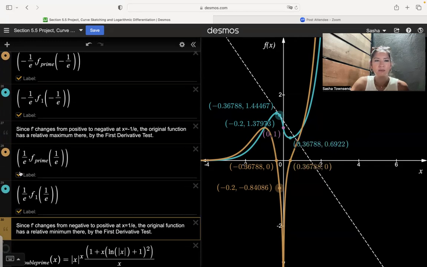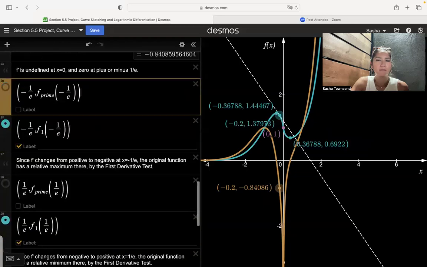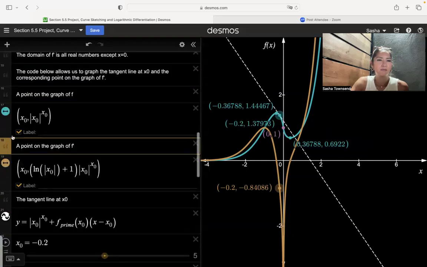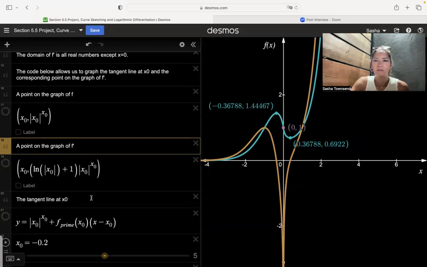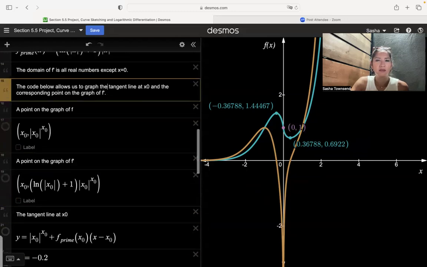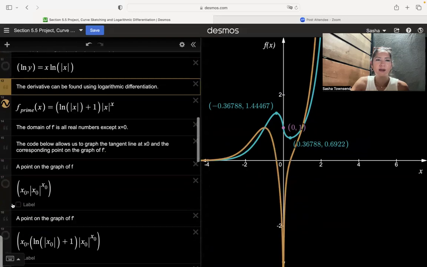Now I've plotted a lot of points. I'm going to get rid of some of those. And let's get rid of the tangent line for a bit. All right, so that's f prime.